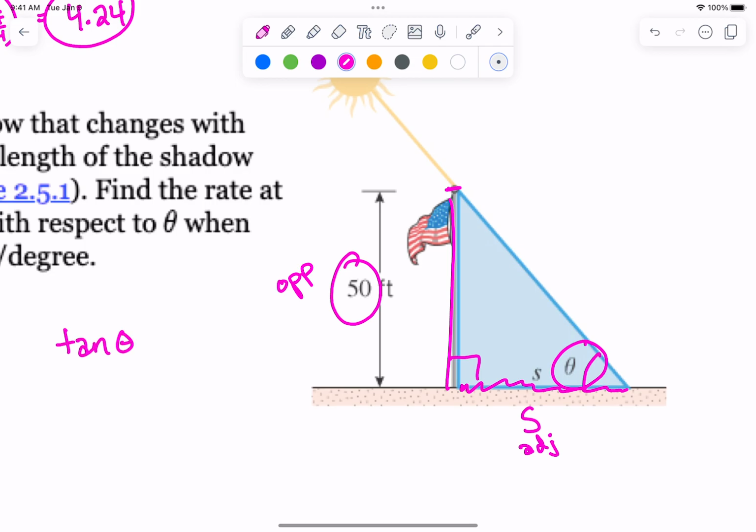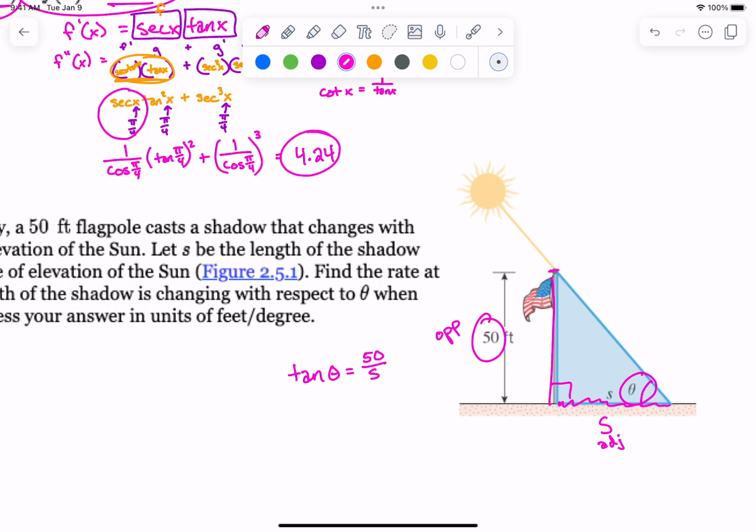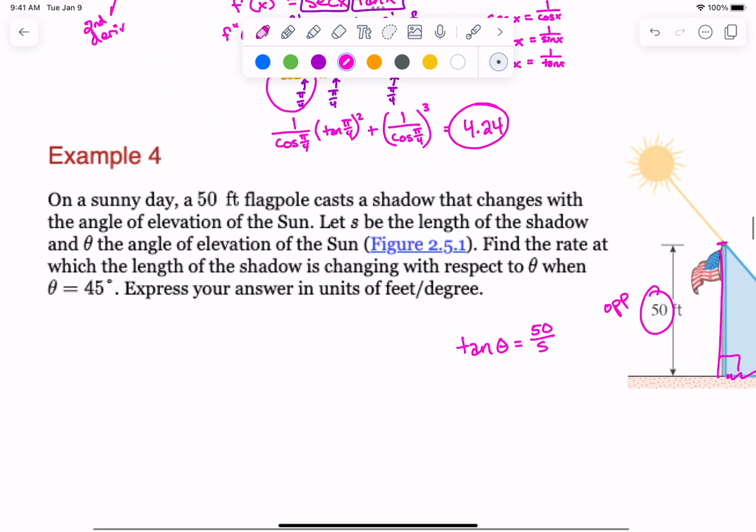We'll call it tangent of theta. We'll plug in 45 later after we take the derivative. Tangent of theta equals the opposite, which is 50, over my side S, or X, whatever you want to call it.